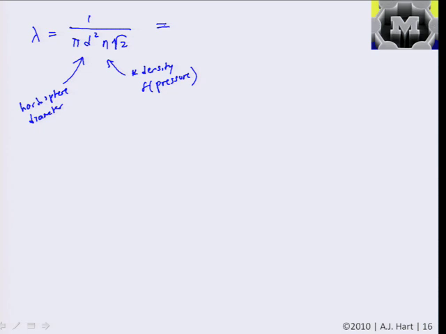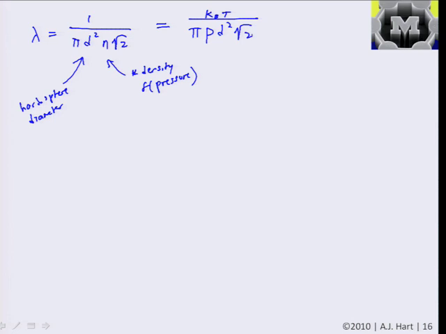And if we substitute the ideal gas law in here, substituting n from P equals n times Boltzmann's constant times temperature, we get that lambda is equal to Boltzmann's constant times temperature divided by pi times the pressure times the hard sphere diameter squared times the root of 2.